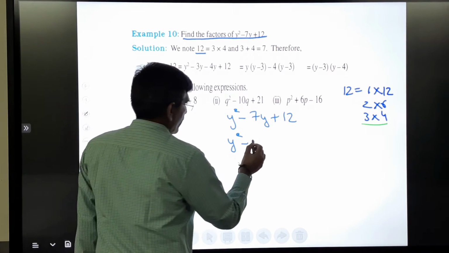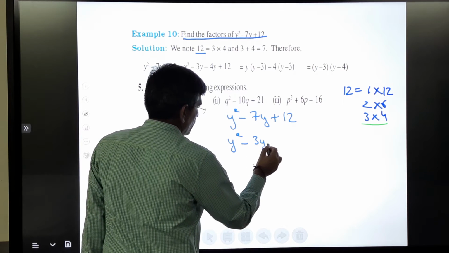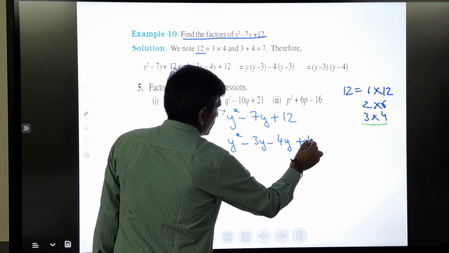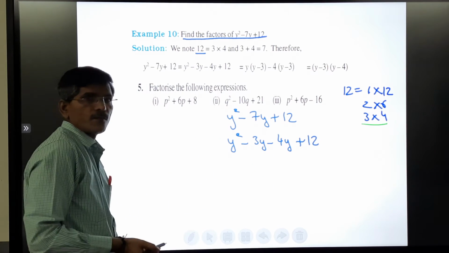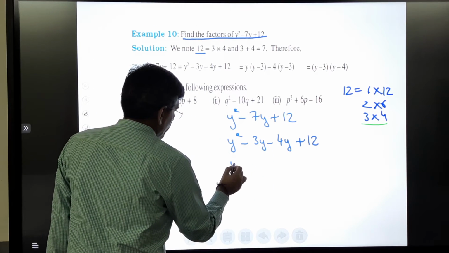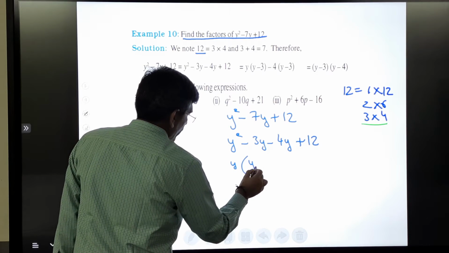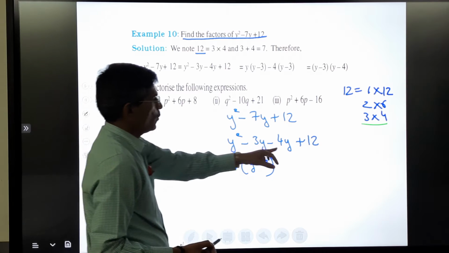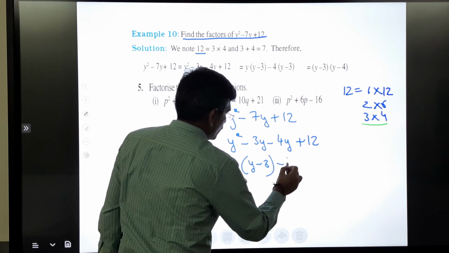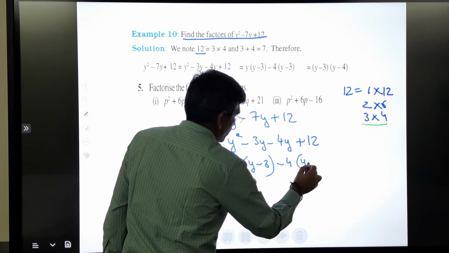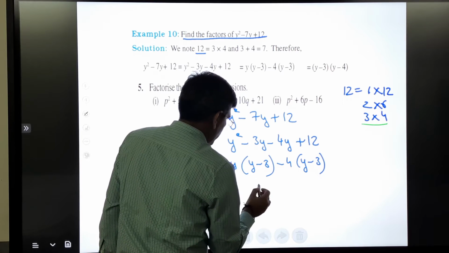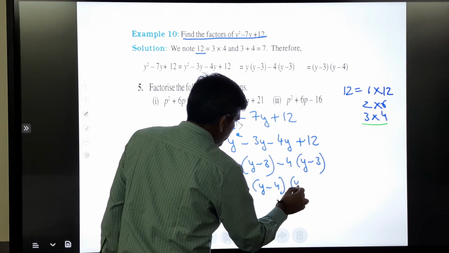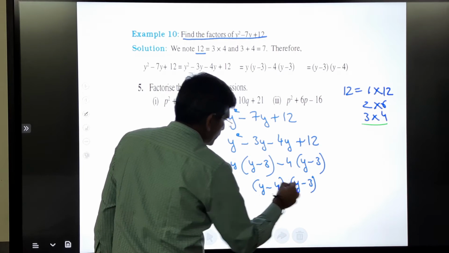So that is 3y minus 4y plus 12. Now y we have to take outside, so y minus 3. Again 4 and 12, so minus 4 we have to take outside. So y minus 3. So y minus 4 and y minus 3.